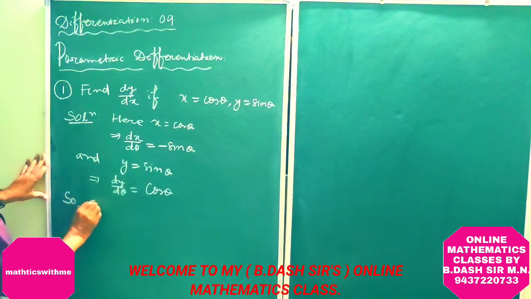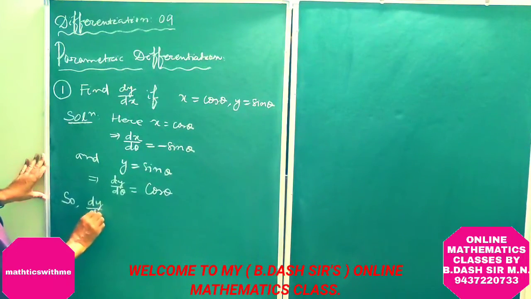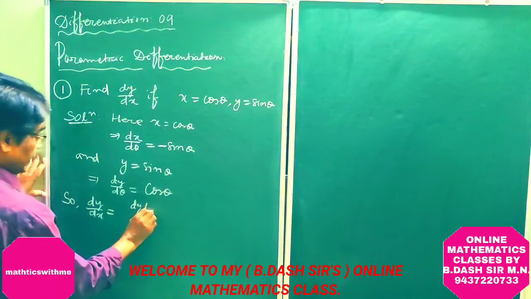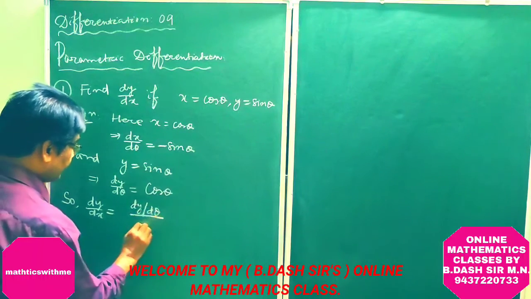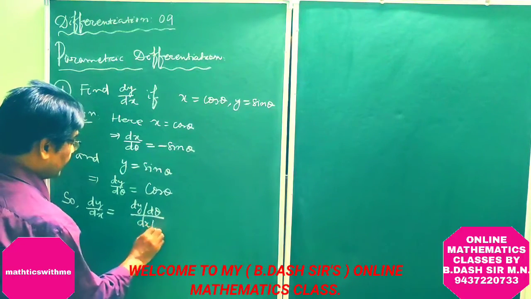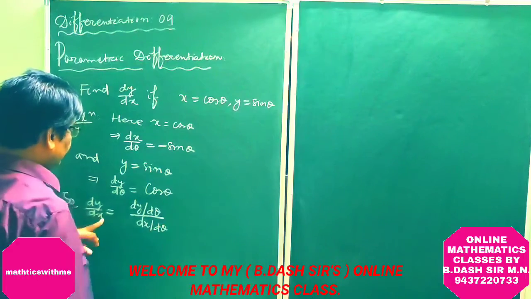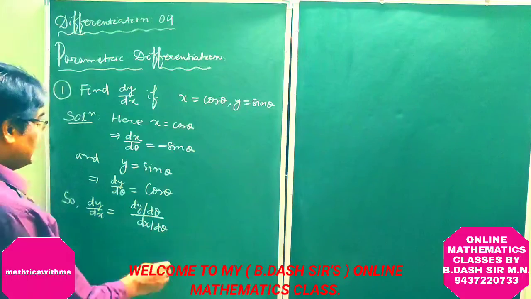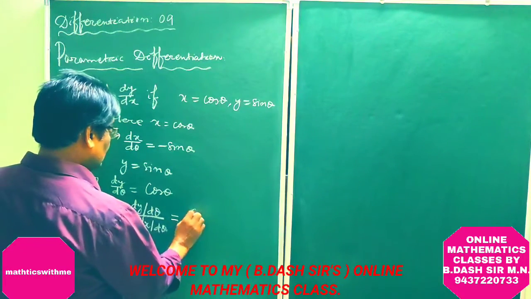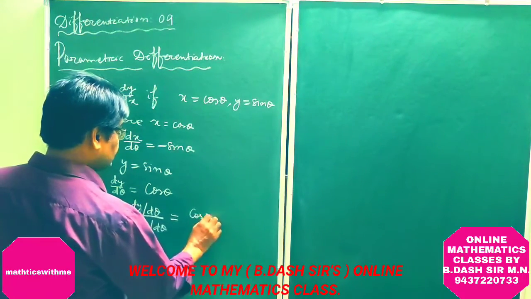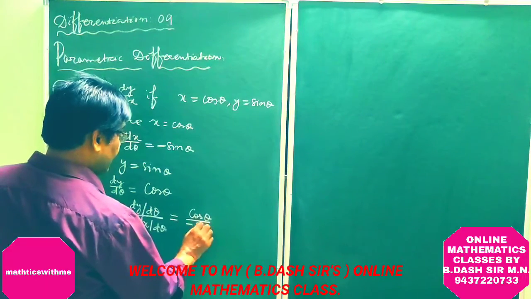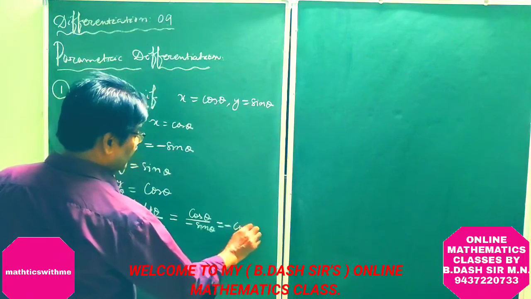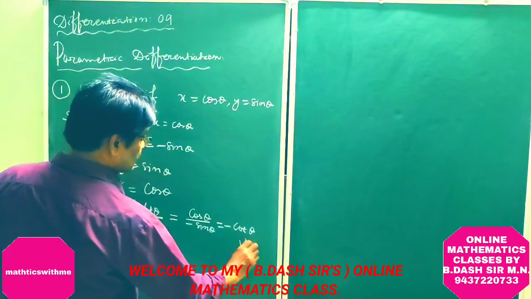So, dy by dx, our requirement, is equal to dy by d theta divided by dx by d theta, which is equal to cos theta divided by minus sin theta, which is equal to minus cot theta. Answer.